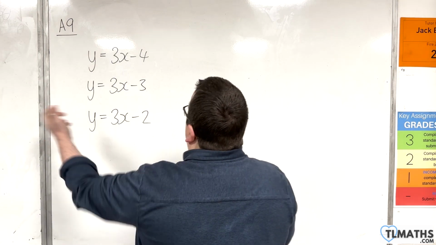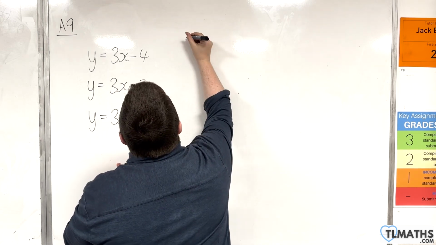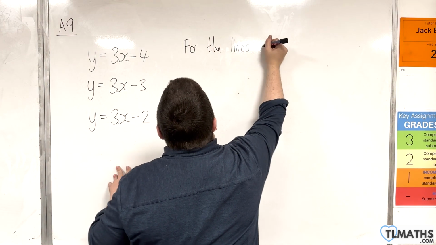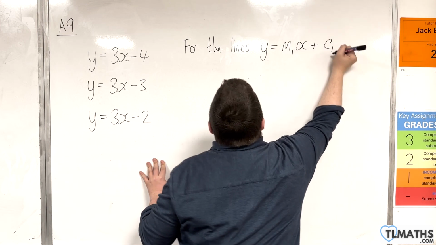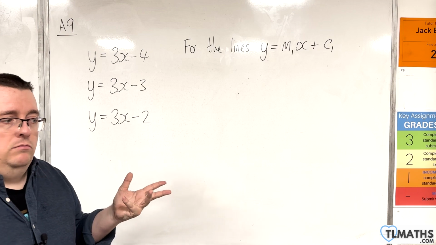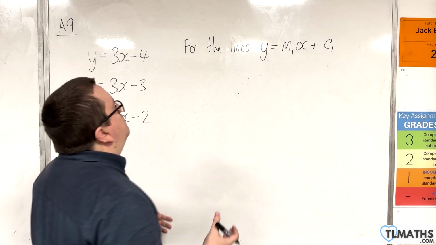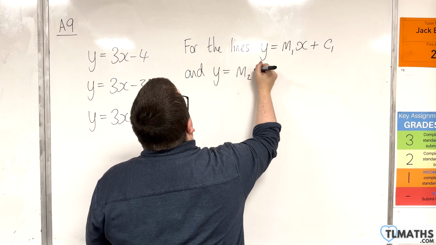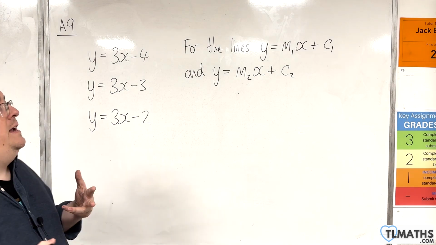So what we can do is write down a general statement for the lines y equals m1x plus c1, where the m1 can be any number you like and the c1 can be any number you like, and y equals m2x plus c2, again m2 and c2 could be any number you like.